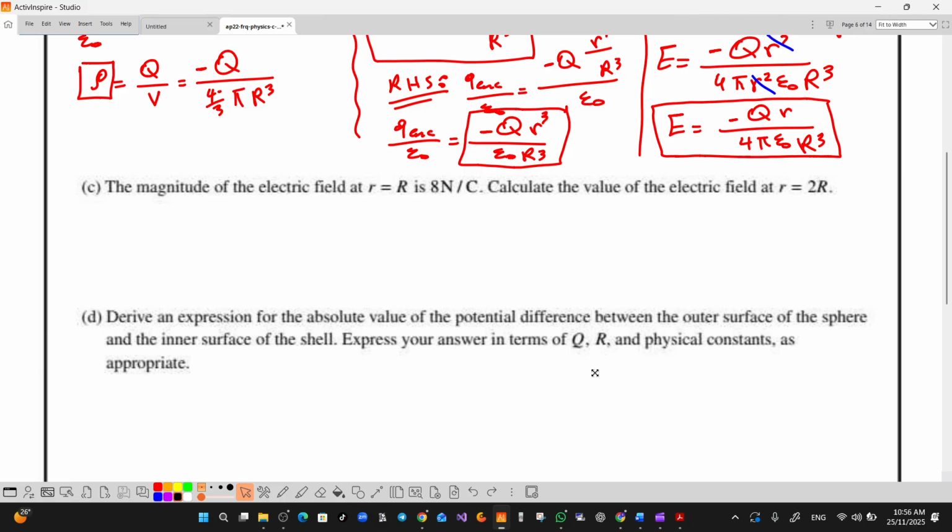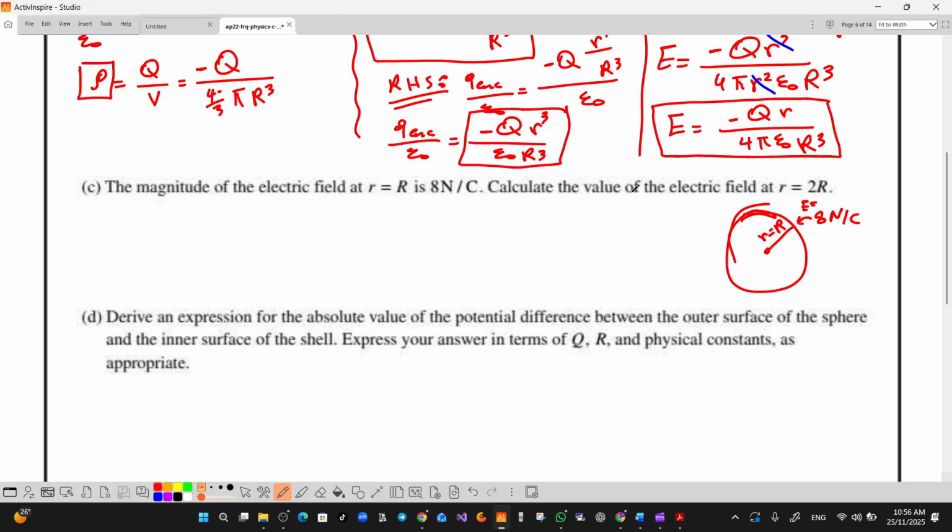Now, the magnitude of the electric field at r equal to capital R is equal to 8 Newton per coulomb. So when our Gaussian surface has a radius exactly equal to the radius of the sphere, the electric field becomes 8 Newton per coulomb.